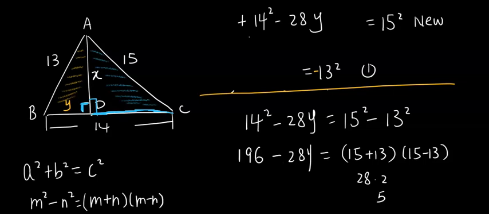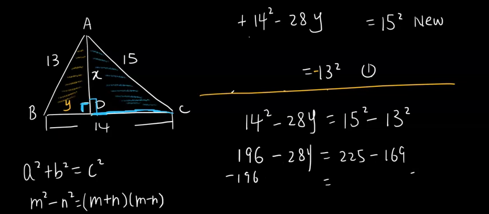And then we have 56. You see how quickly it is? Of course, I'm sure you know 15 squared is 225 and 13 squared is 169. So either way is fine. 225 minus 169, go ahead and calculate that, and subtract 196 from each side. So we have negative 28y is negative 140.